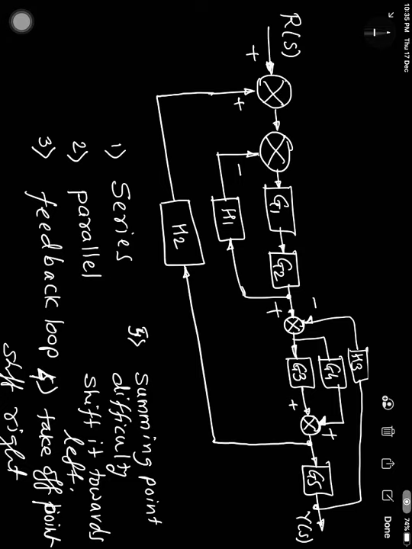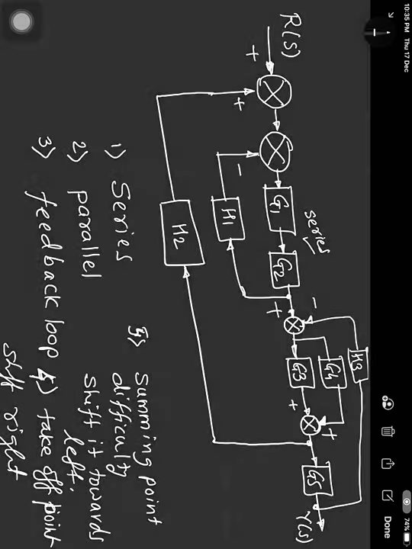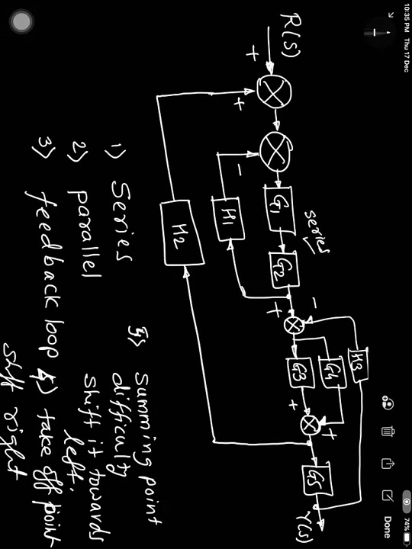I will check this particular diagram, and I will find out, yes, G1 and G2, they are in series, whereas G3 and G4, they are in parallel. We will try to solve these two, right?